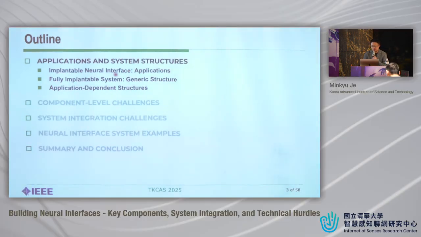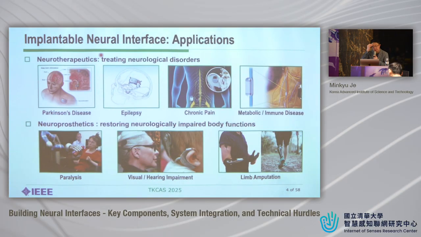If we look at the applications of implantable neural interfaces, we can think of two main categories. The first one is neurotherapeutics for treating neurological disorders like Parkinson's disease, epilepsy, and chronic pain, and bioelectronic medicine for dealing with metabolic and immune diseases.